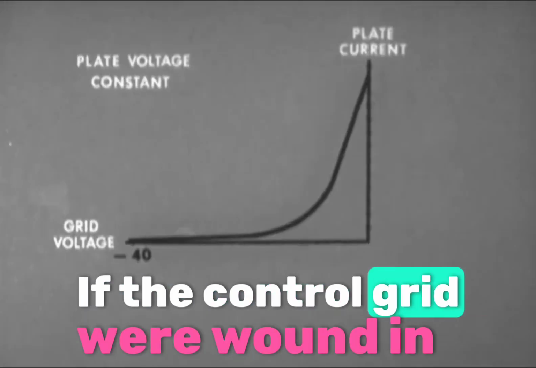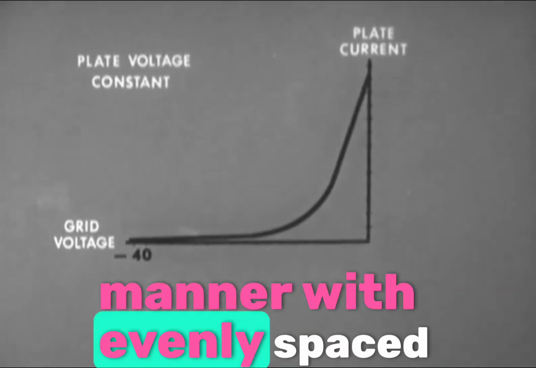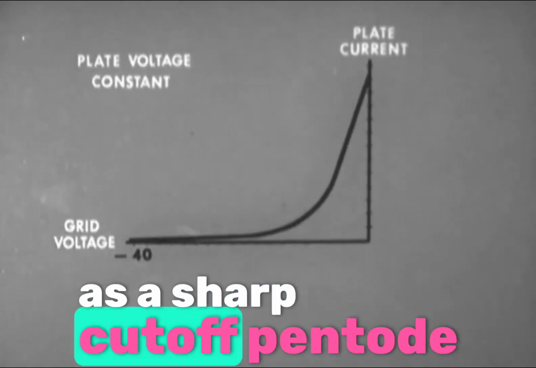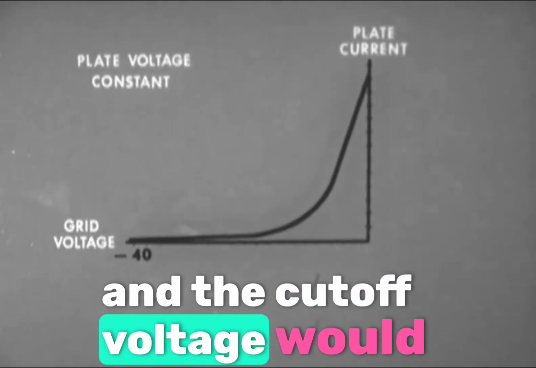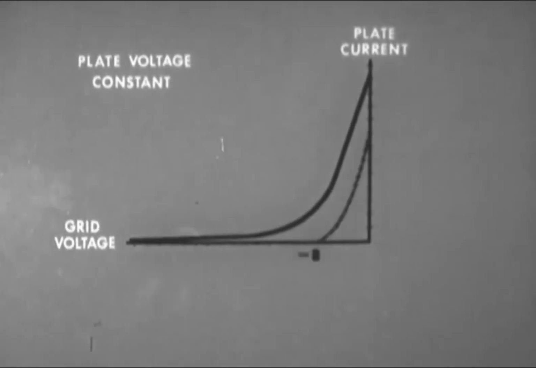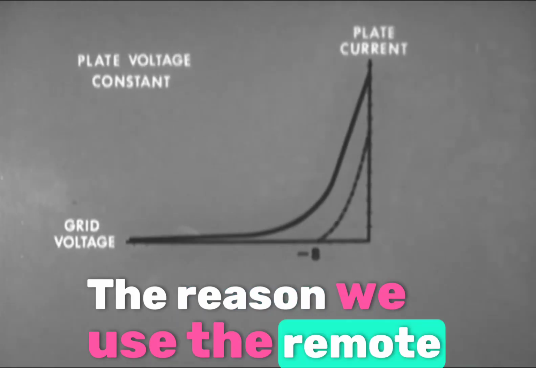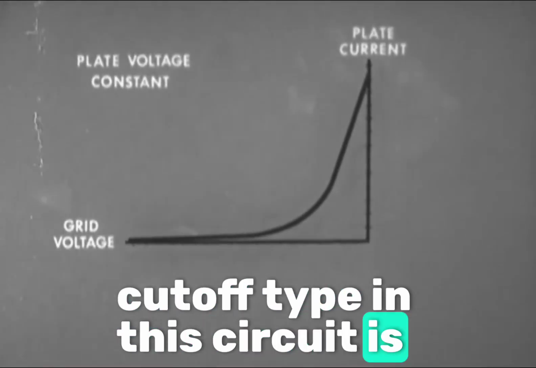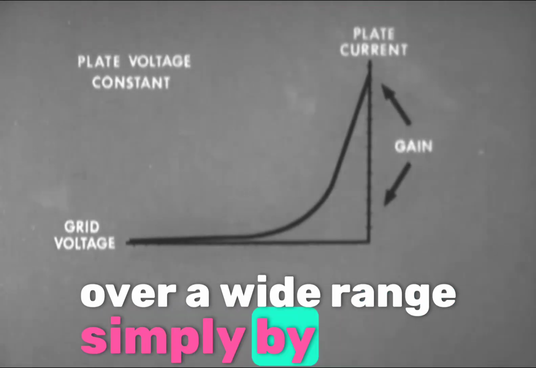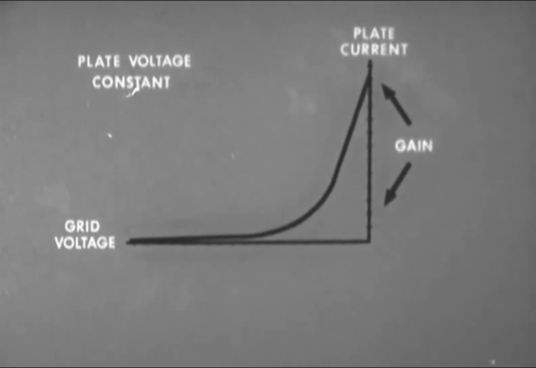If the control grid were wound in the usual manner with evenly spaced turns, the tube would be known as a sharp cutoff pentode, and the cutoff voltage would be approximately 7 or 8 volts. The reason we use the remote cutoff type in this circuit is that the gain of the stage may be varied over a wide range simply by varying the bias.